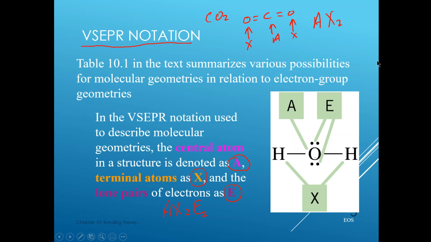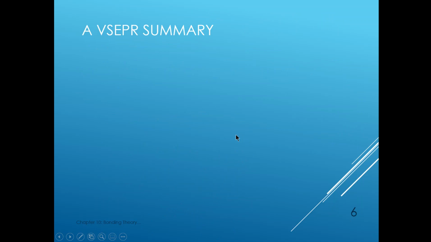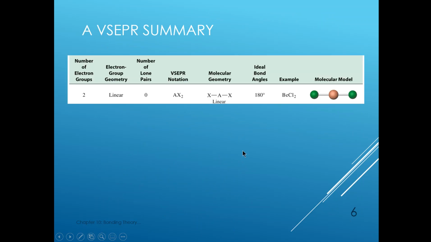So that's basically how we use the VSEPR notation, and that makes life easier for us to summarize and organize to determine the type of shapes that the molecules will adopt. Basically, if you have a group of molecules having a particular VSEPR notation, then they will all adopt the same molecular shape, all right? Okay, so let's summarize what's going on here with respect to different molecules, their VSEPR notation, and the type of shape that they will adopt.